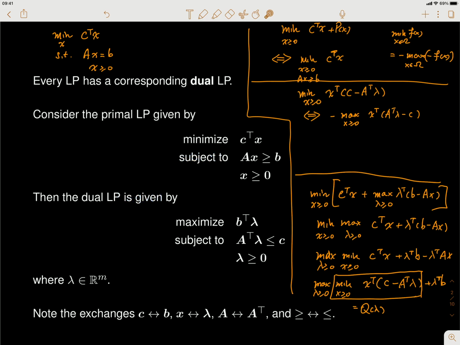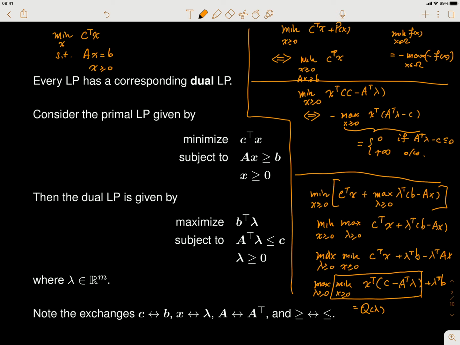So for this part, this will become 0 if A transpose lambda minus C is less than or equal to 0, and it will be positive infinity otherwise. That's just for this part without the negative.